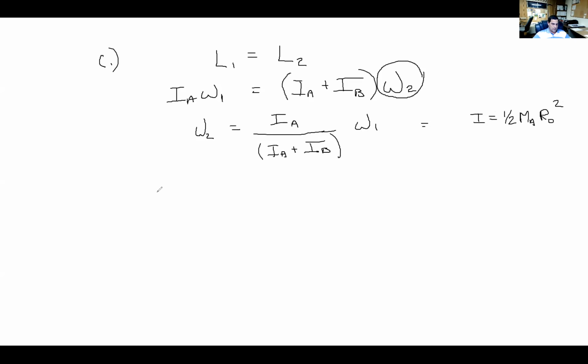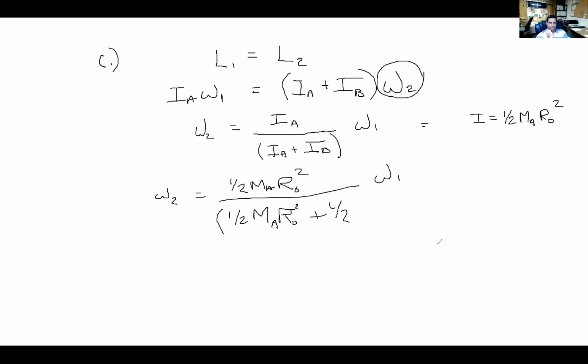Okay. ω2 is equal to 1/2 m_A r_0 squared divided by the quantity of 1/2 m_A r_0 squared plus 1/2 m_B r_0 squared.